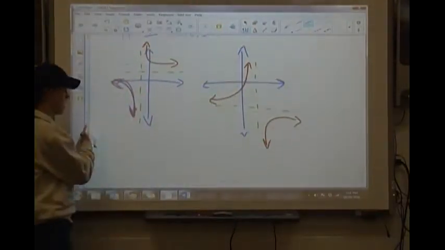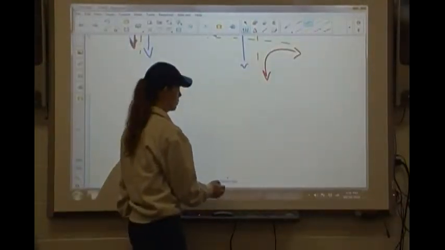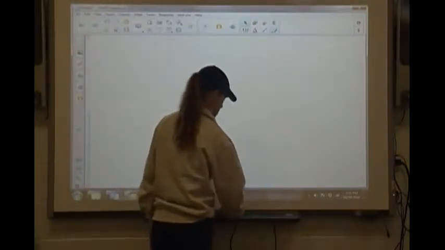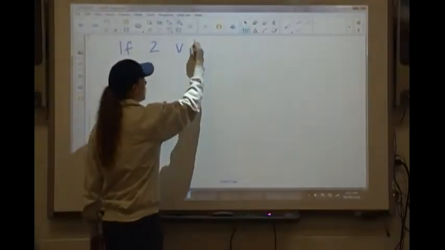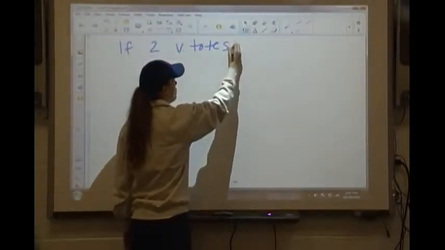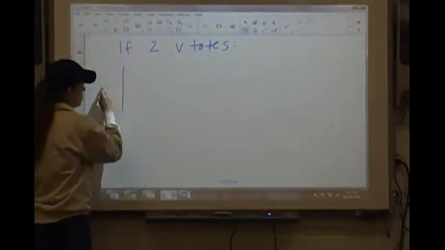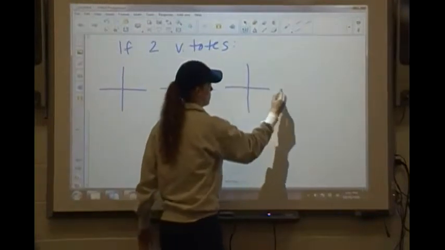With that same idea in mind, we are going to look at what happens when there are two vertical asymptotes. If there are two vertical asymptotes, we actually have a few more combinations because we have more things that can happen.